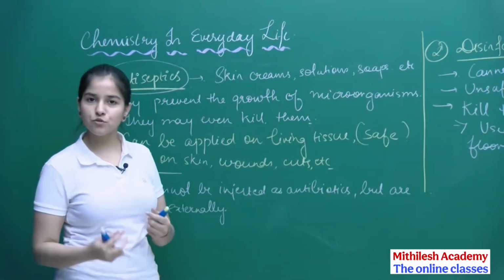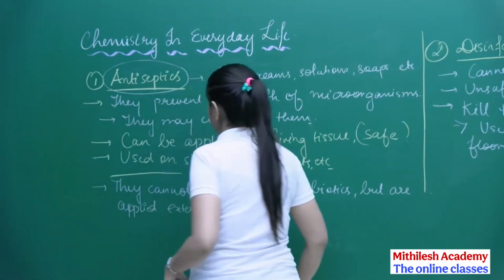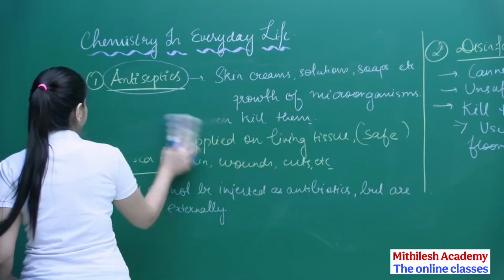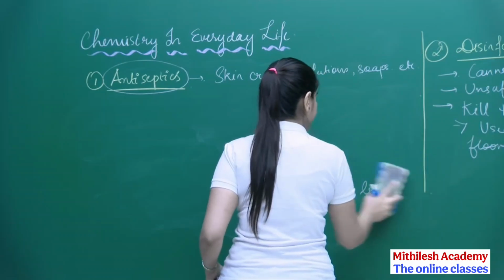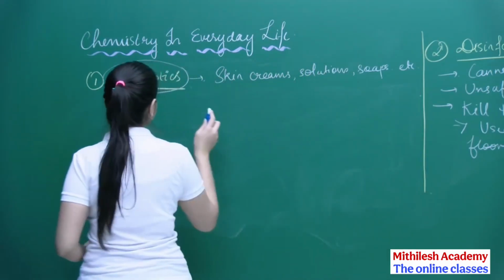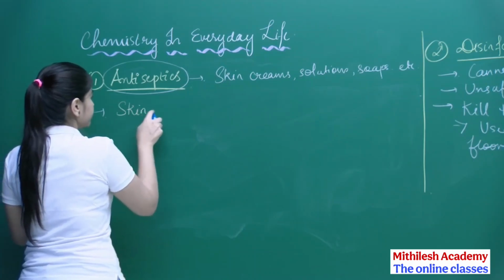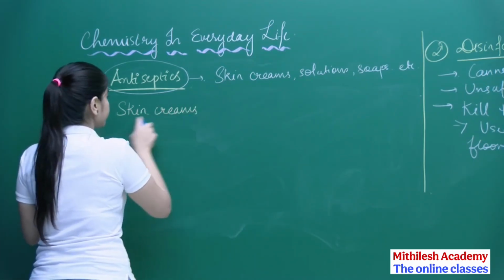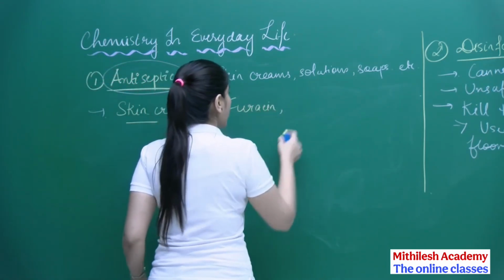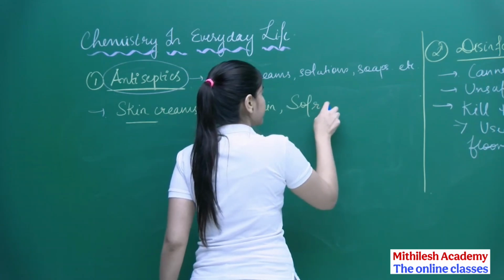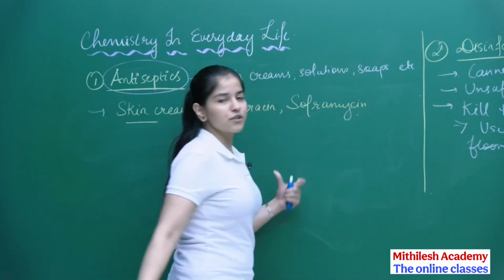Now let us move on to the types of antiseptics and the types of disinfectants. Under the category of skin creams, what kind of skin creams can I have? I have furacin, I have soframycin. Soframycin is a very commonly used cream.